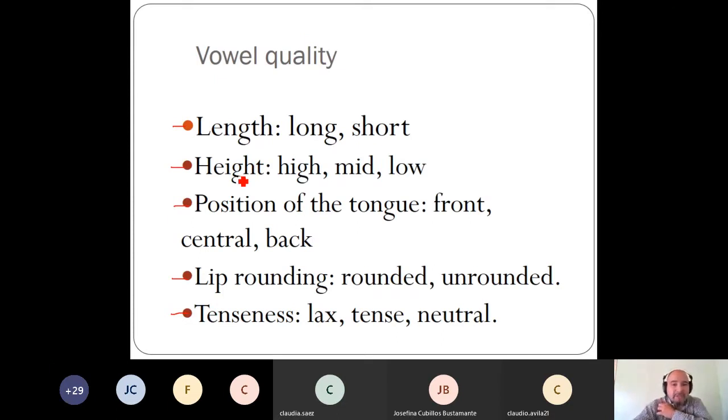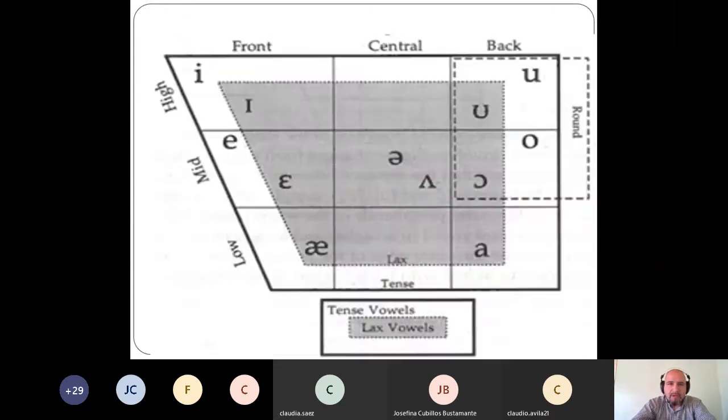The other criterion to describe a vowel sound is called height, which in Spanish is altura. We can say that a vowel sound is high, mid, or low. So whenever we think about this, remember, as a mouth. When we say that a sound is high, we're saying that the tongue is raised to the roof of the mouth. Okay? So E is a high vowel sound.